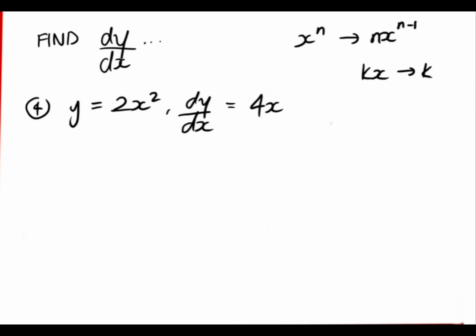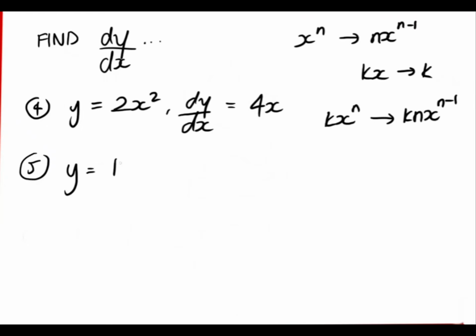And in case you're not sure how I did that, I used this rule: kx to the power of n differentiates to knx to the power of n minus 1. So I took that 2 and I multiplied it with the other 2, and that's why I got 4x and then n minus 1. Obviously you take that 2 and then minus the 1, and then that's how you get 4x. Keep pausing the video to test yourself, guys.